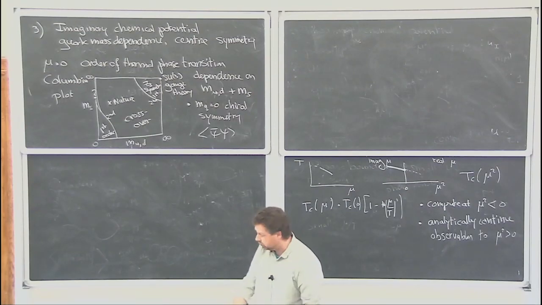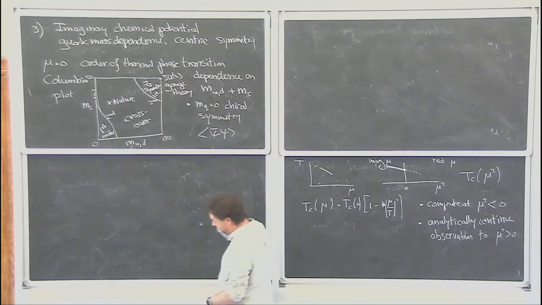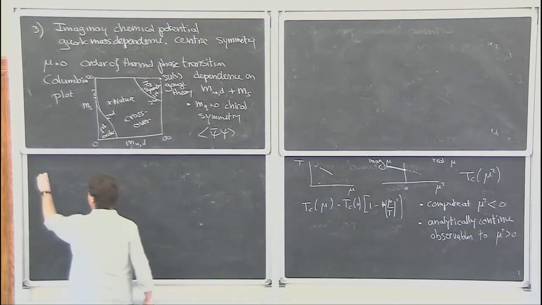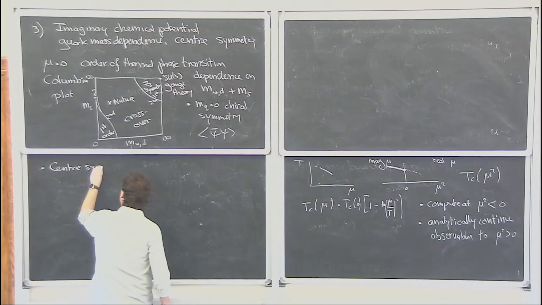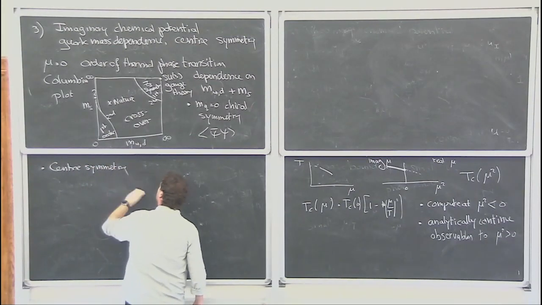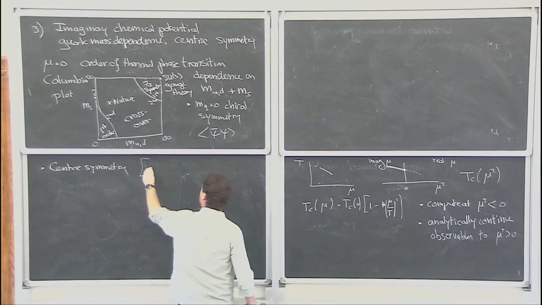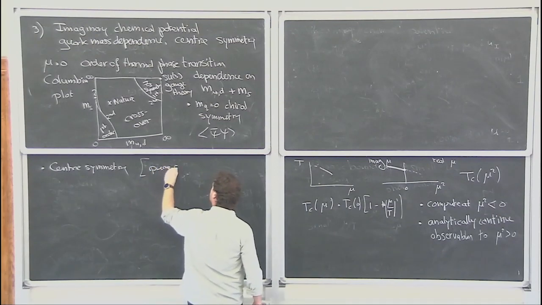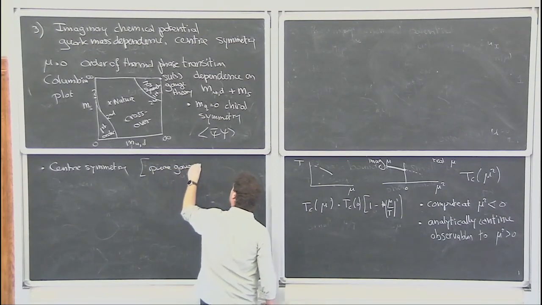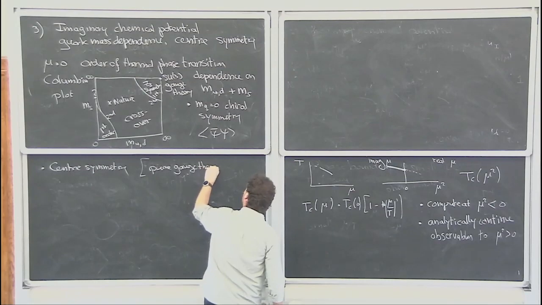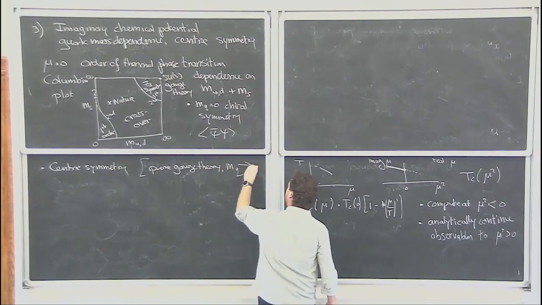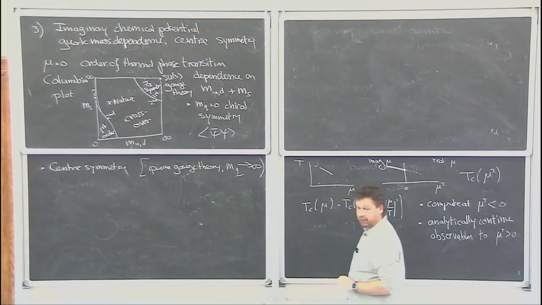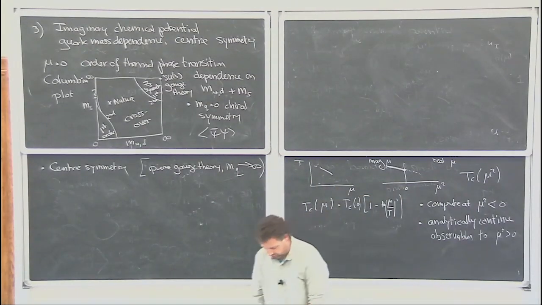To go towards chemical potential, we first have to talk about this center symmetry, or Z3 symmetry. We do this in the pure gauge theory, the case where all the quark masses are infinite, so they decouple from the system.